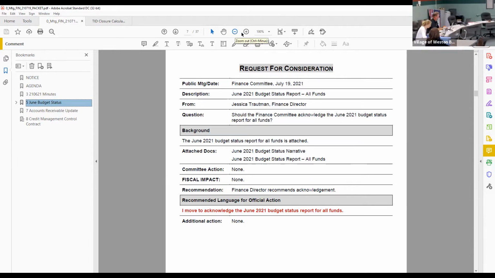Hearing none, would you like to make a motion to acknowledge? So moved. Motion by Bender, second by Ryan. On the question, all in favor signify by saying aye. Aye. Opposed? So carried.